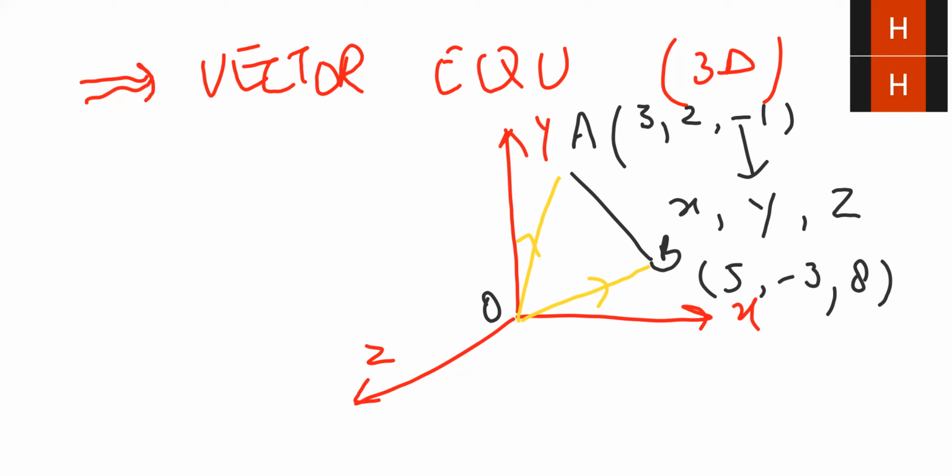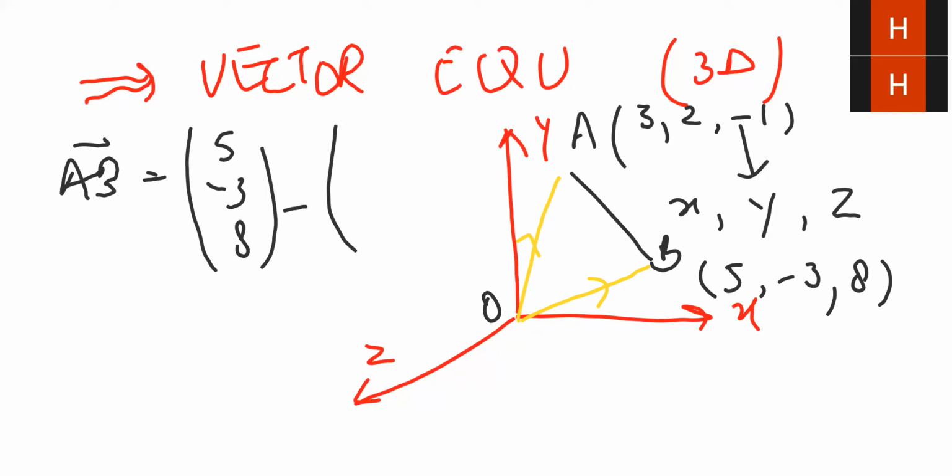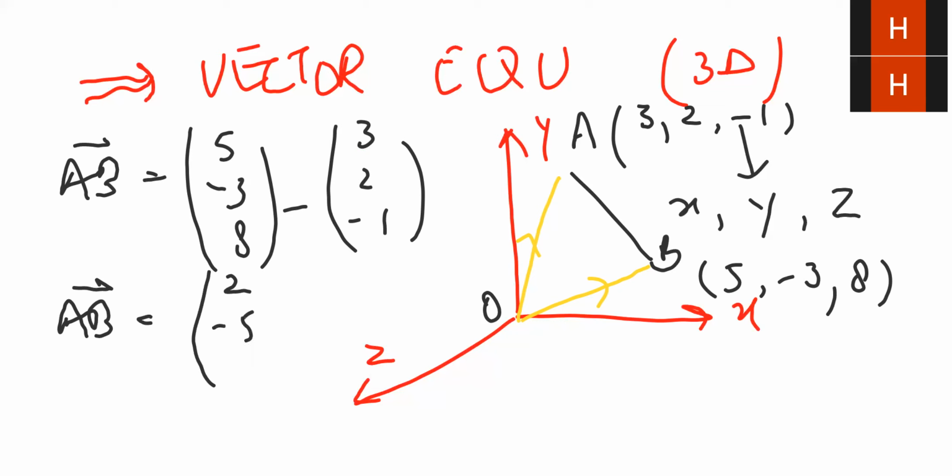To find the direction vector AB, we have to subtract OA from OB. So for OB I have 5, -3, and 8, minus the coordinates of our OA position vector, which are 3, 2, and -1. From here I get the direction vector AB, which is going to be 2, -5, and 9.